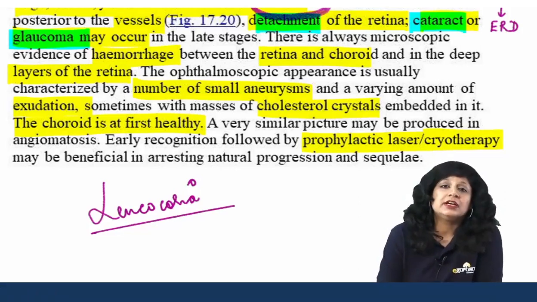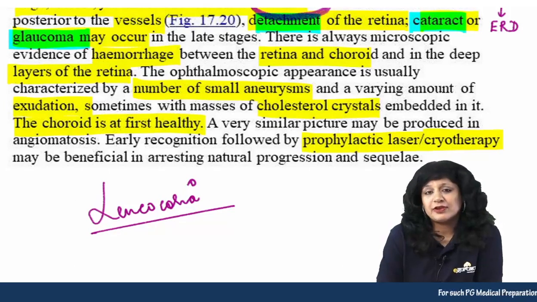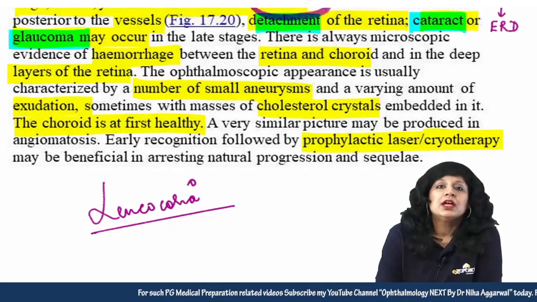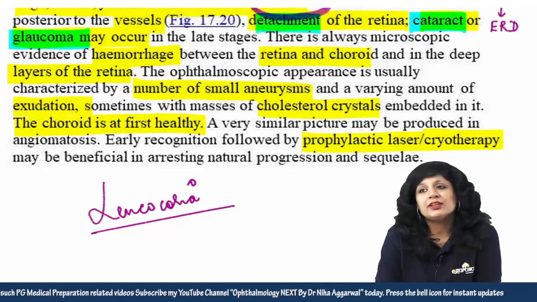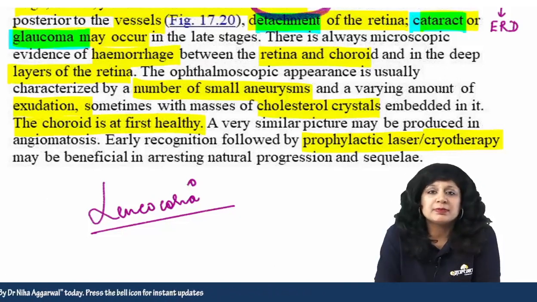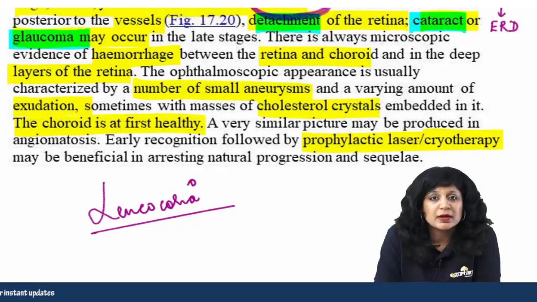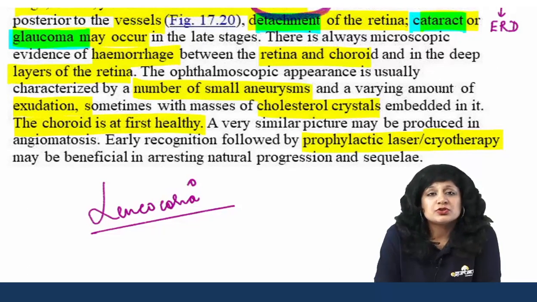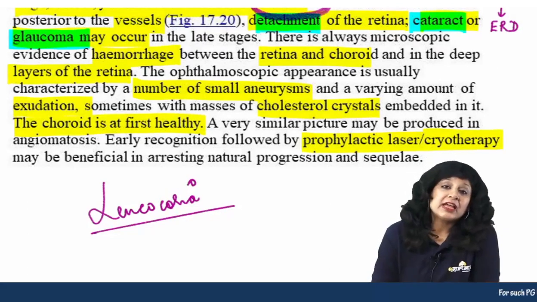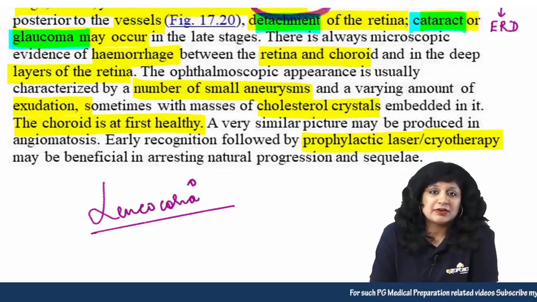So whenever they are talking about the whitish pupillary reflex or leukocoria, and that too unilateral, think about this. One of the important causes of leukocoria in children is actually congenital cataract. Then you have so many things. ROP is there, Coats disease, retinoblastoma, endophthalmitis, toxocariasis, all these things are there, and depending upon the other things that are present in the question, you will have to follow the rule.